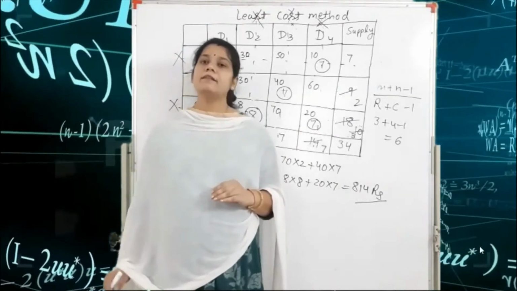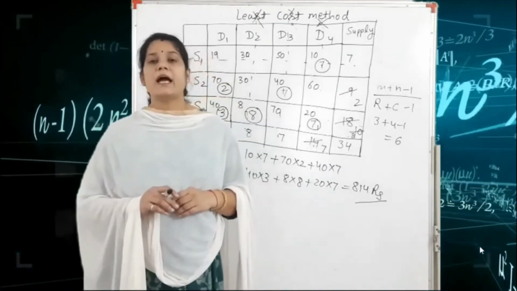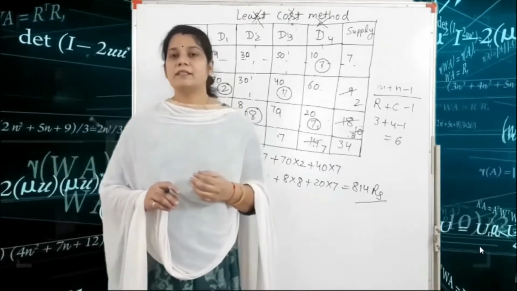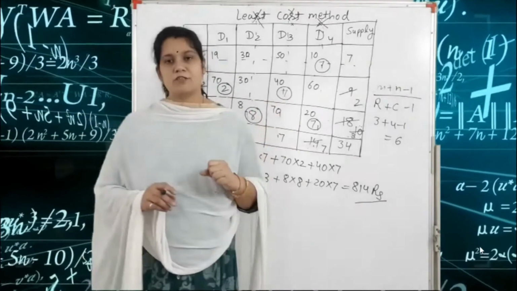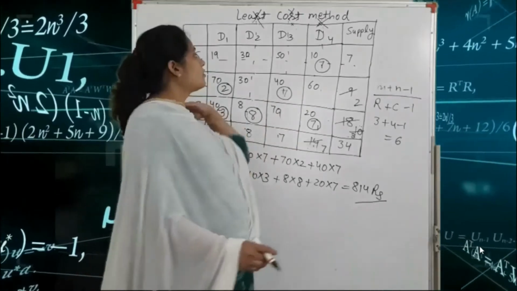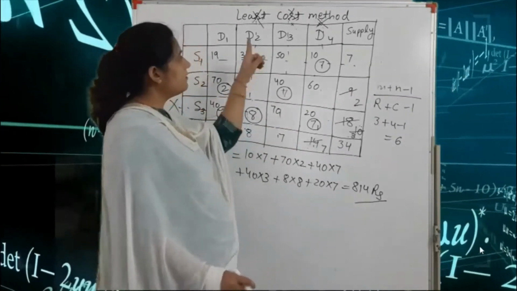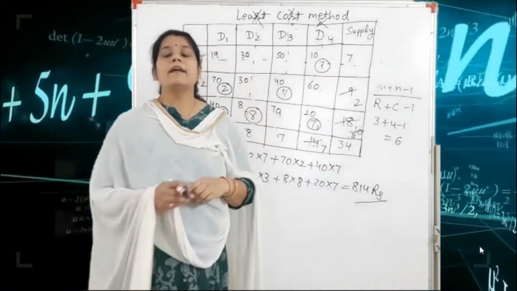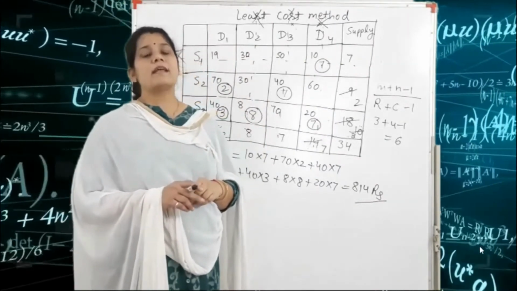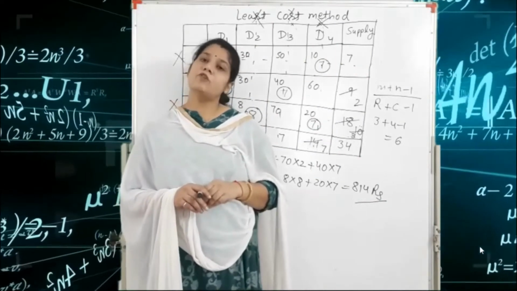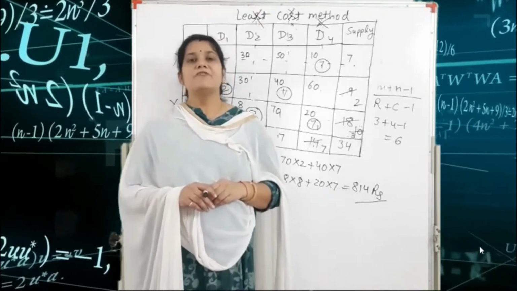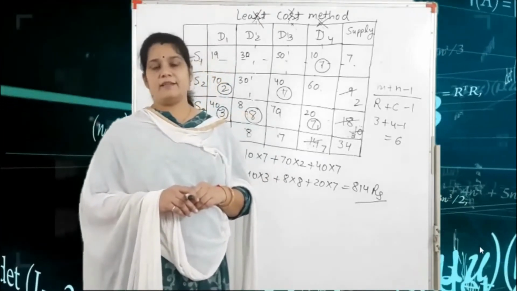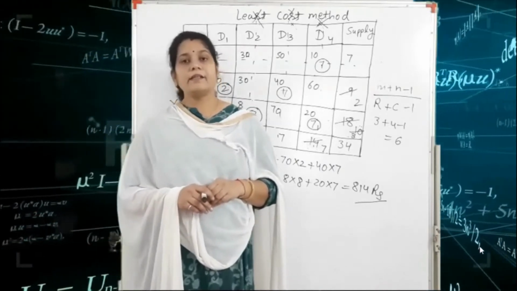That means in the transportation problem, we have three methods that give us a feasible solution. Number one is the northwest corner method, second is the least cost method, and third is Vogel's approximation method. In Vogel's approximation method, we first find the row penalty and column penalty.